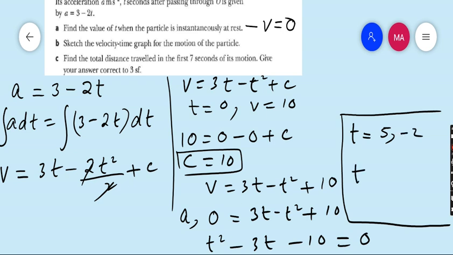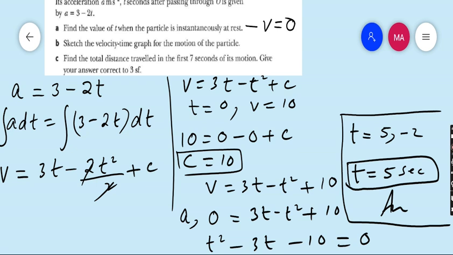But you know time can never be a negative value. So it is 5 seconds. This is the answer of part A after solving the quadratic equation. t is equal to 5 seconds. So hope you completely understand part A.